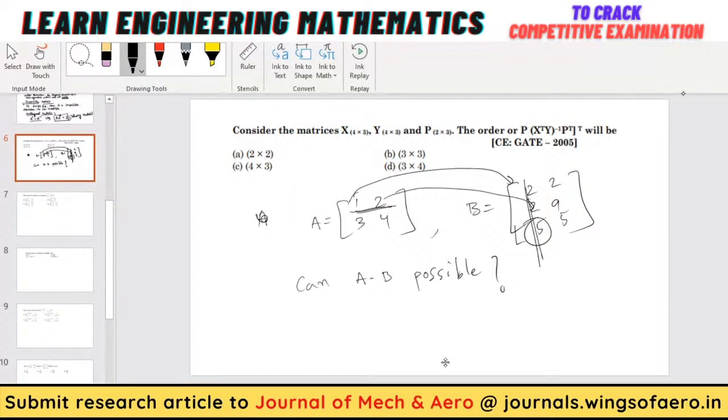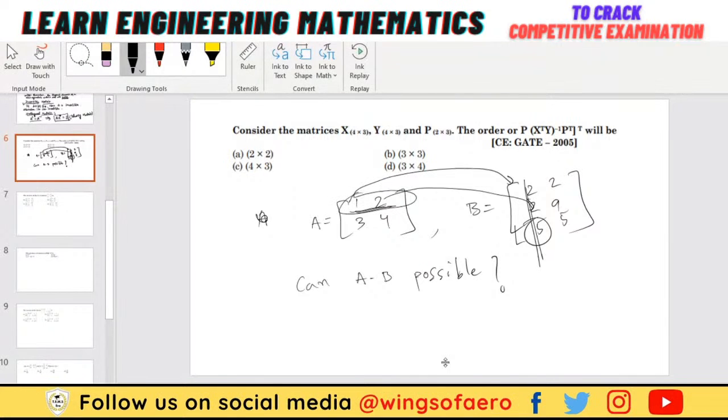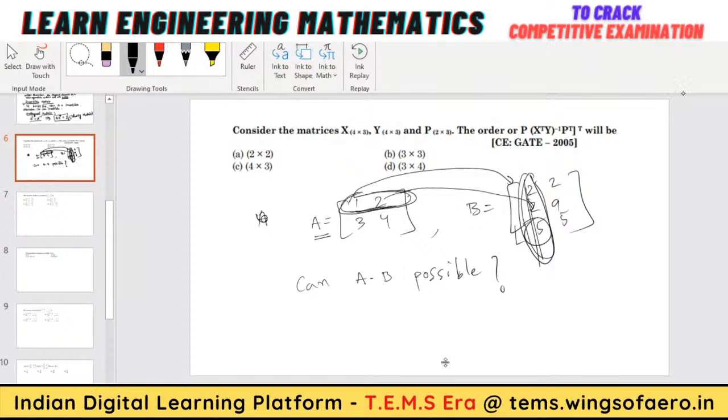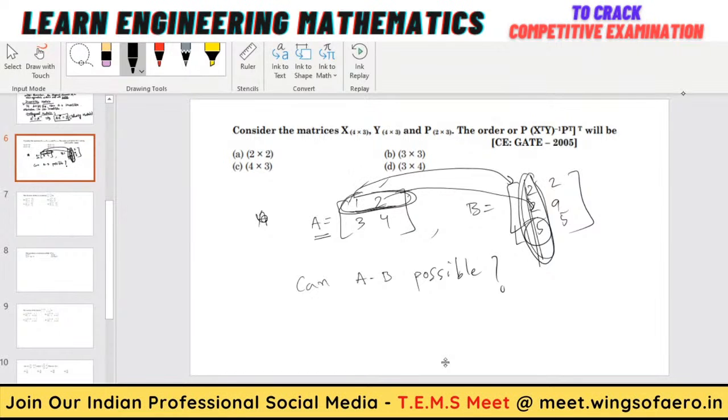So always remember, the number of columns of matrix A should be equal to the number of rows of matrix B. The number of columns of this matrix is 2, and the number of rows of this matrix is 3.